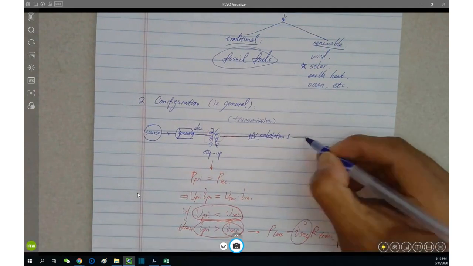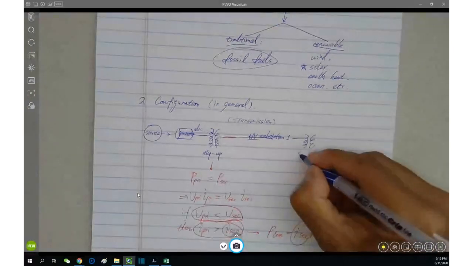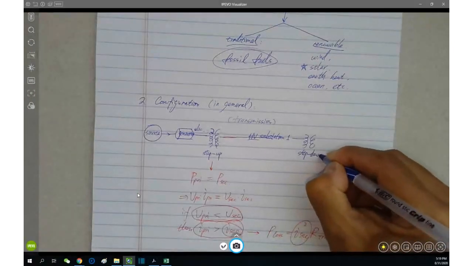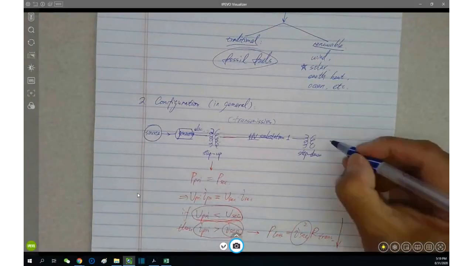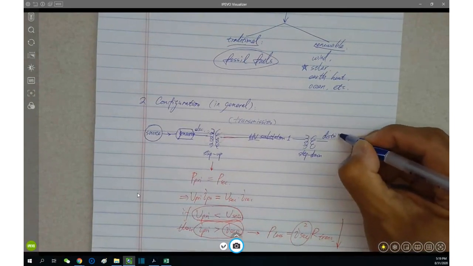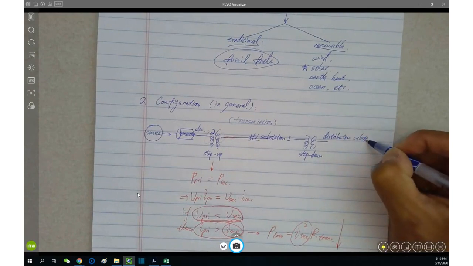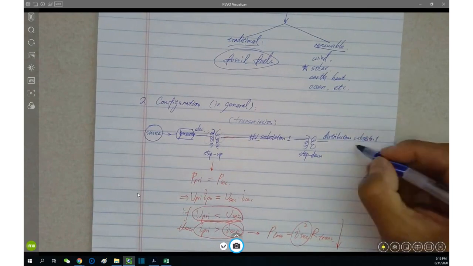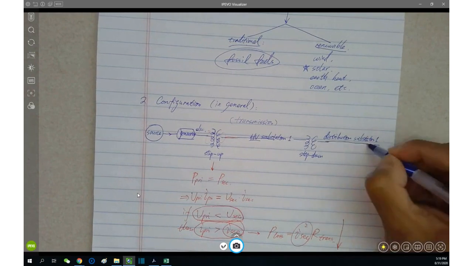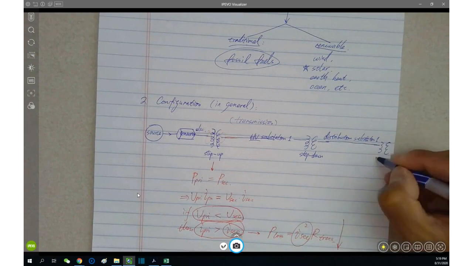Keep moving, reach somewhere. We're going to use a step down transformer to reach distribution substation number 1, and then further reach another step down transformer.